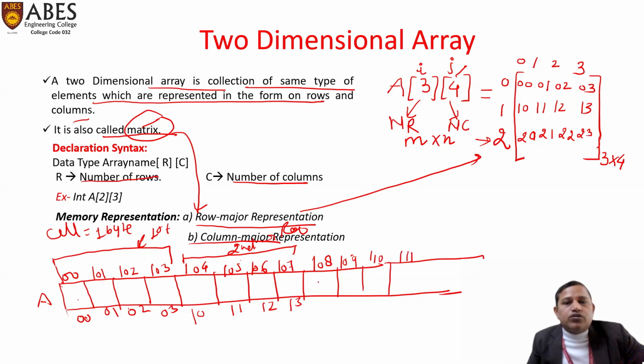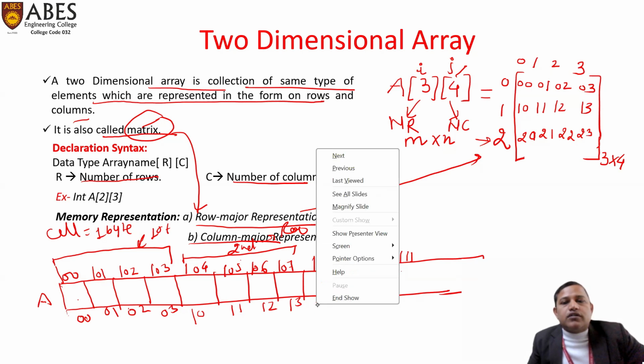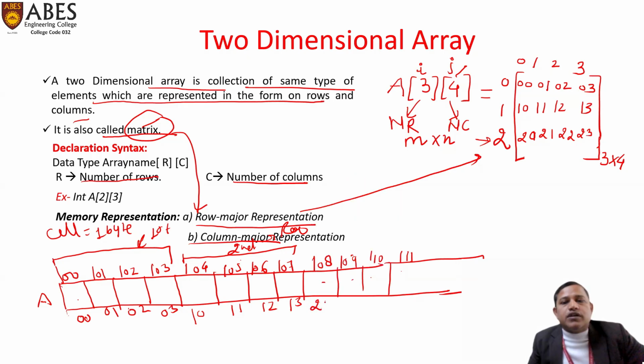That is a total of 4 locations. These are the second row indexes: second row 0th column, second row first column, second row second column, and second row third column. So this is the memory representation of a two-dimensional array.